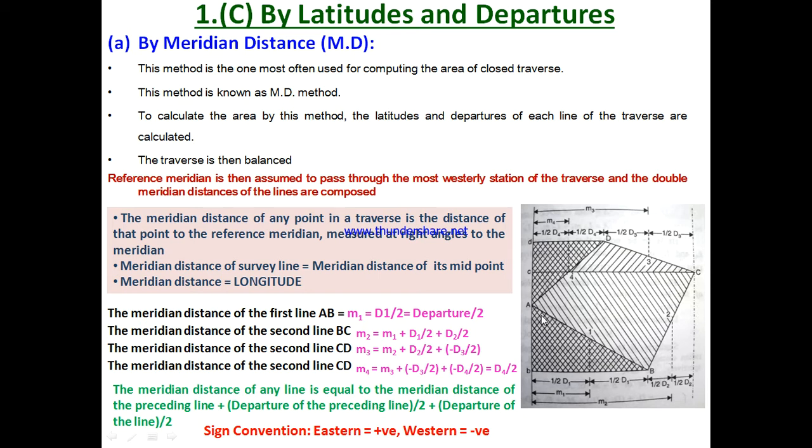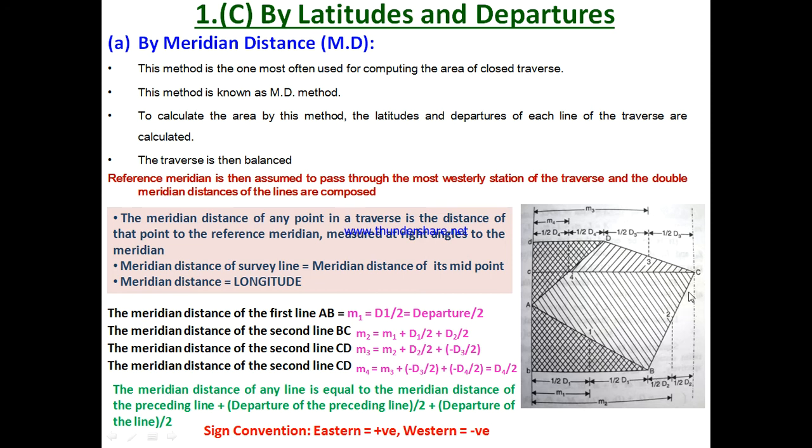For example, if I consider line AB, this AB is moving towards east direction, because A is the most westerly station. So it will be taken as positive.